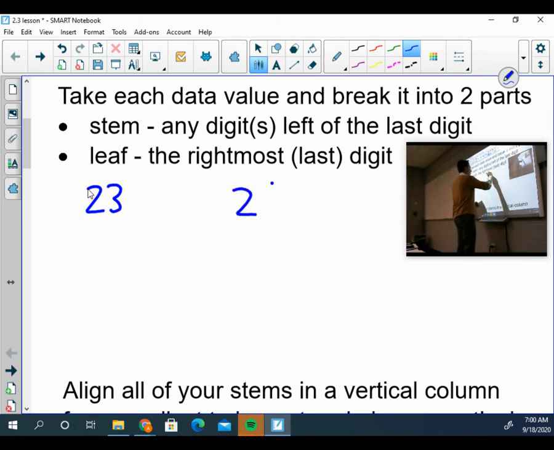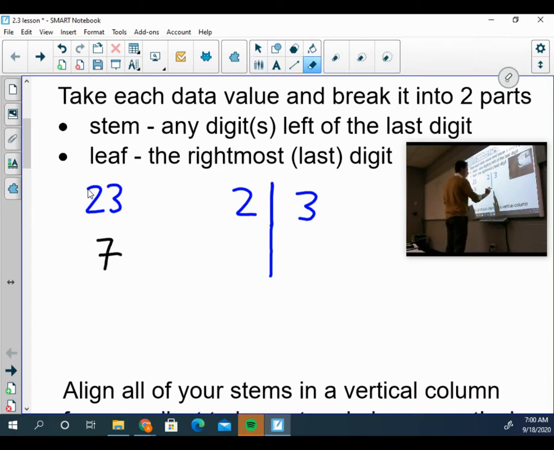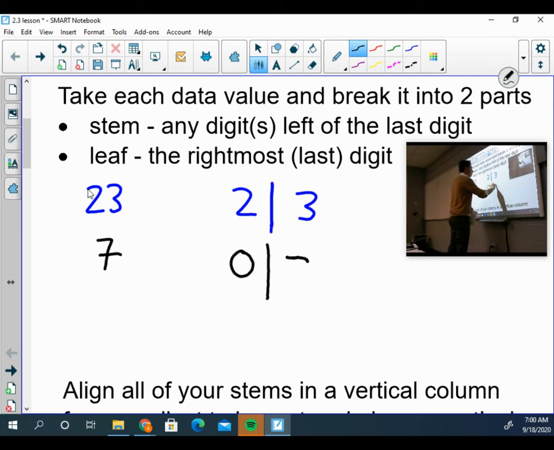Well, it would look like 2, and you're going to have the stem here, and 3. What would 7 look like? Well, you're going to have a 0 for the stem, and we'll get to the zeros in a second. You're going to have a 0 for the stem, and the 7 will be the leaf. Again, the rightmost digit is your leaf.